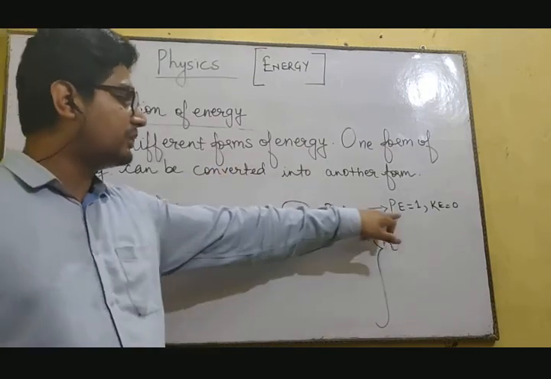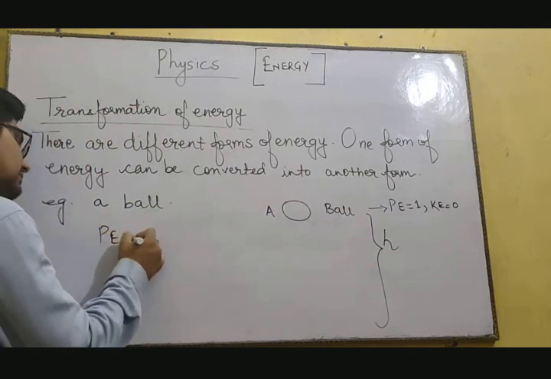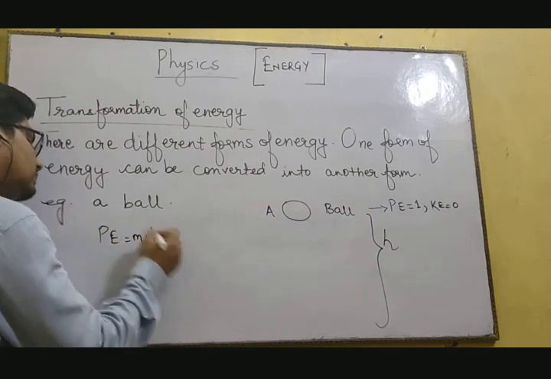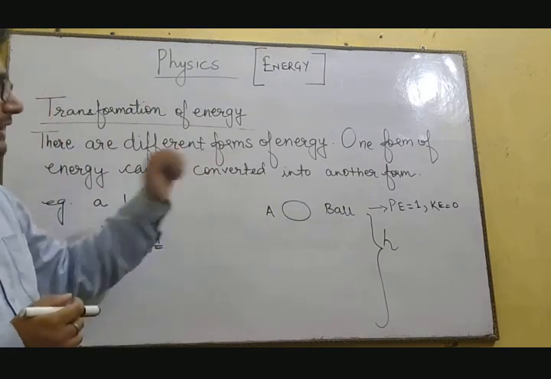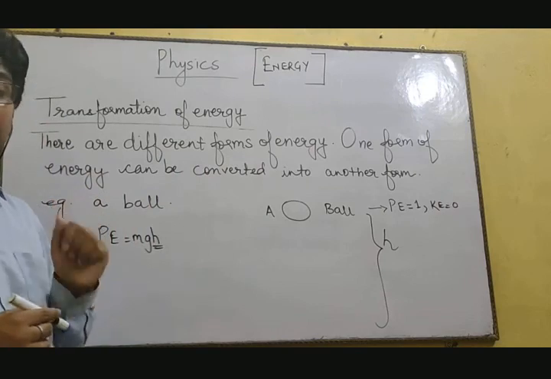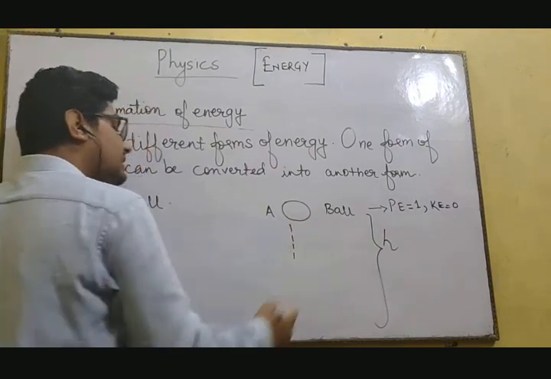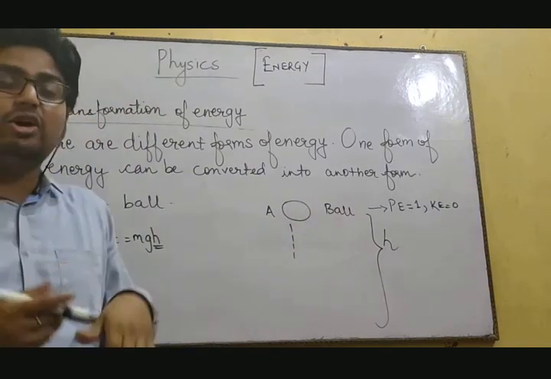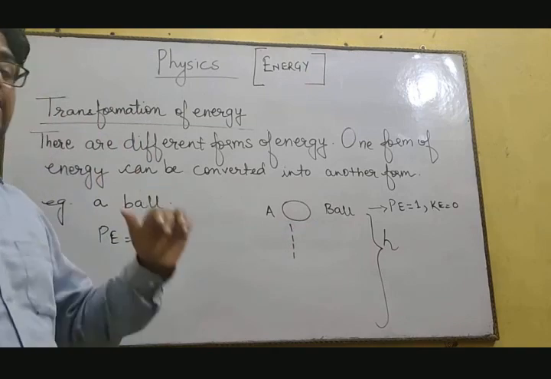As we know, potential energy depends on mgh, the height. More height, more potential energy. Less height, less potential energy. So when the ball is coming down, since its height is decreasing compared to the ground, potential energy will decrease.